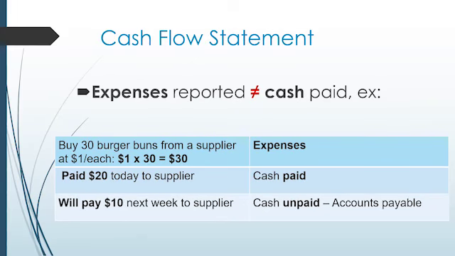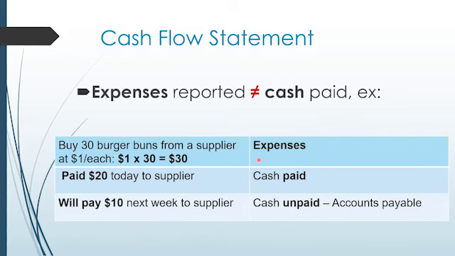Exactly the same thing for expenses. Expenses reported do not always equal cash paid. For example, if you buy 30 burger buns from a supplier at $1 each, so 1 multiplied by 30 equals 30. So you spend $30 today. $30 is your expenses.